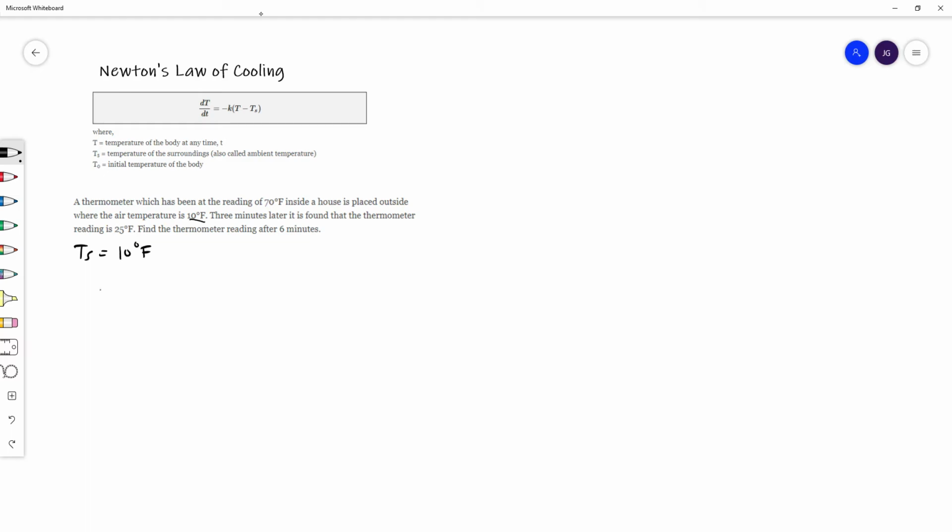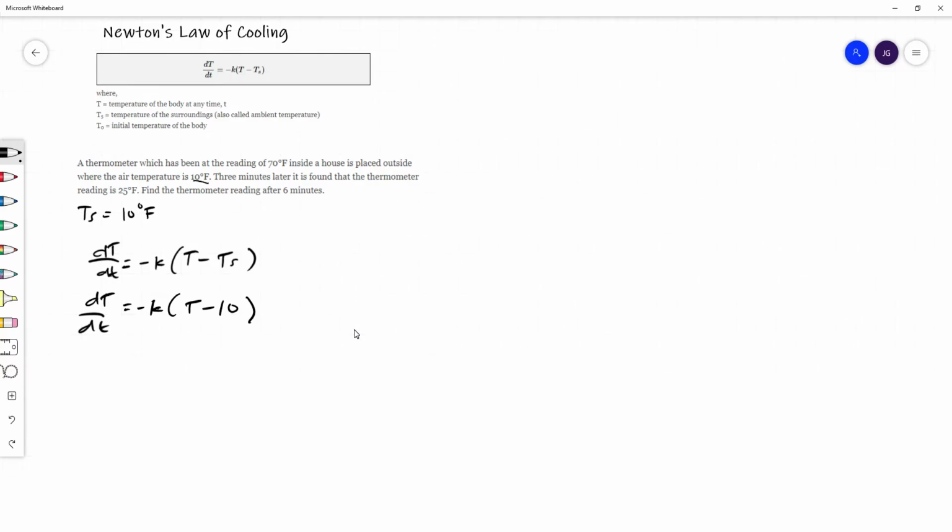So from our equation, that is dT/dt equals negative k (T minus Ts), whereas our Ts is 10.